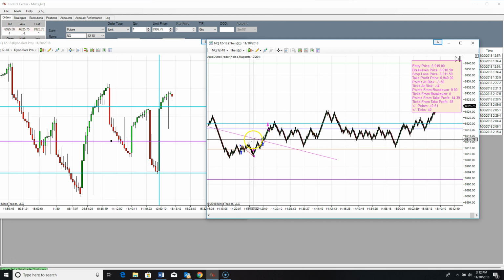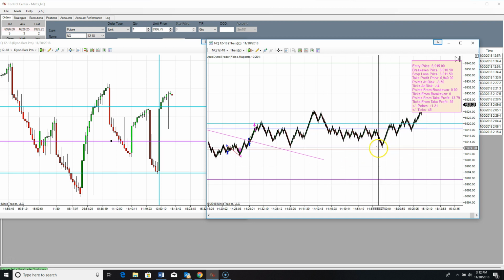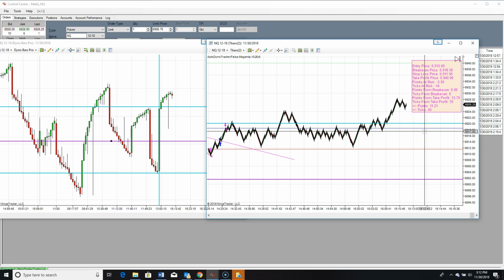So anyways, we use this pivot here. We're in the trade. You can see it's just really moving along very slowly. Finally coming up a little bit, and it's come back down pretty close to the stop. Hasn't stopped us out. We broke even on this one.